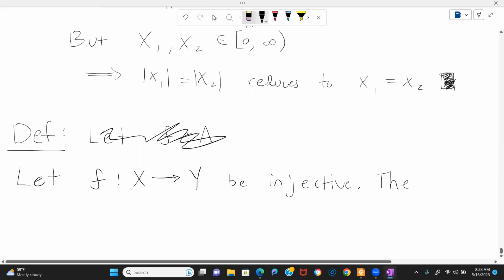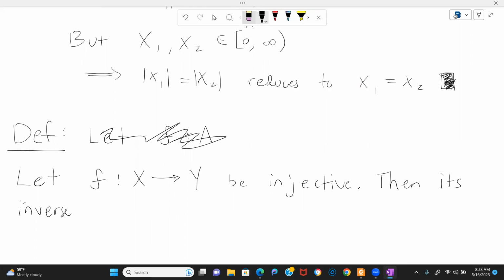Then its inverse function, a function that you can associate to f, is denoted as f inverse. And this is a function not from x to y, but from y to x, because you want to undo it, right? You want to go backwards.